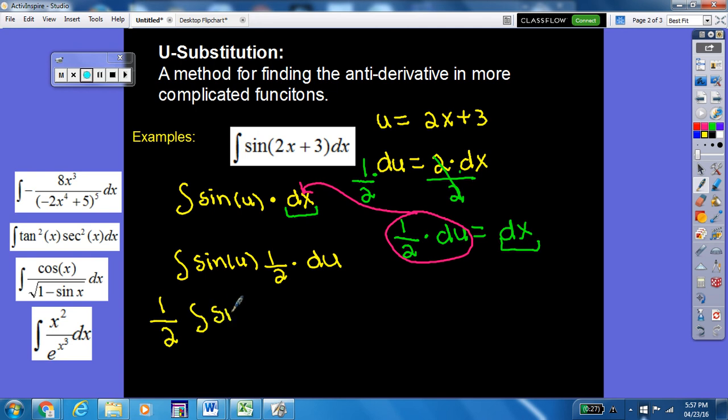So I have sine of u times du. At this point, I have completed a successful substitution. My x's are gone, my u's have replaced them, everything I've done is legal, and sine of u is simpler to work with than sine of 2x plus 3.